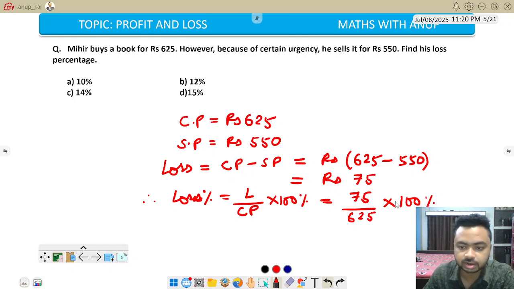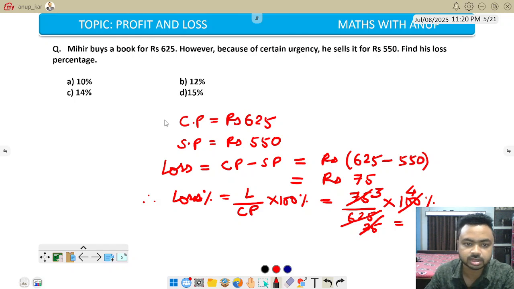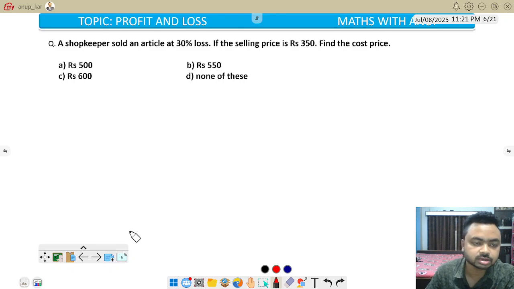So if we calculate it, 25 into 25 is 625, 25 into 4 is 100, 25 into 3 times is 75, so it comes out to be equal to 12% loss. Okay, so this will be my answer. So this is a very basic problem. Now let's move further to the next question.